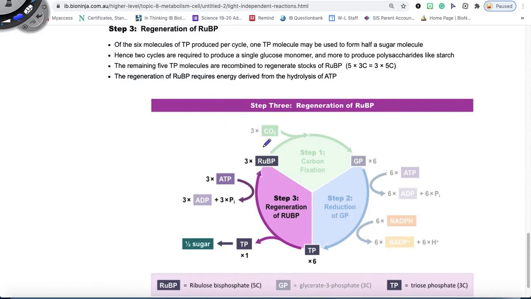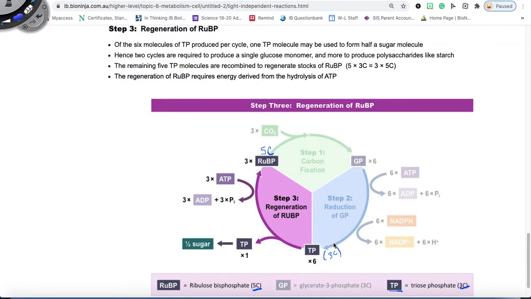Before we do that, let's keep in mind that RuBP is a 5-carbon compound, and TP, or triose phosphate, is a 3-carbon compound. So we have 6 of these 3-carbon compounds, triose phosphates.